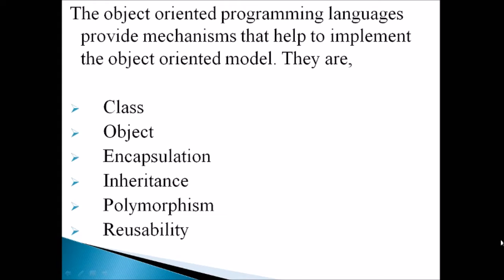So here in the language C#, we are going to see some of the basic concepts. They are class, object, encapsulation, inheritance, polymorphism, and reusability. So let us see one by one.